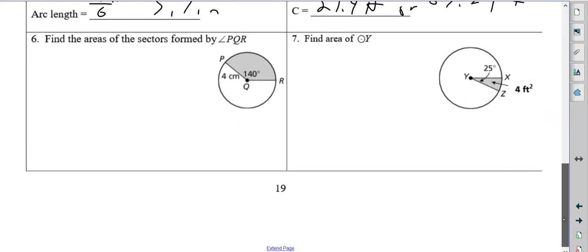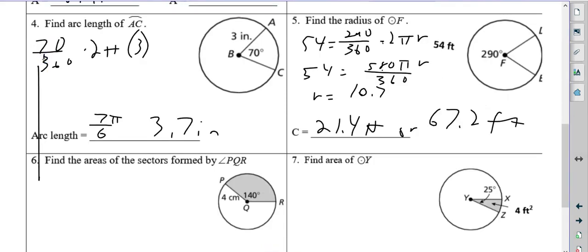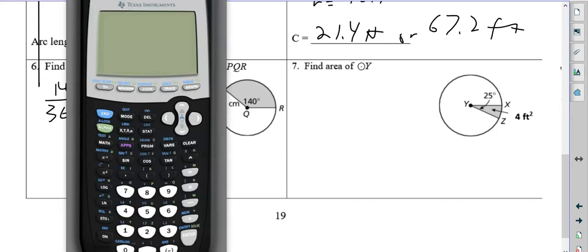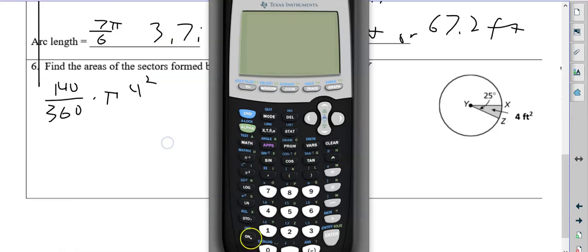Find the area of the sectors. We have 140 over 360 times pi r squared. So we just crunch the numbers. 4 times 4 is 16 times 140 over 360. And remember, the trick is your calculator will do this for you.